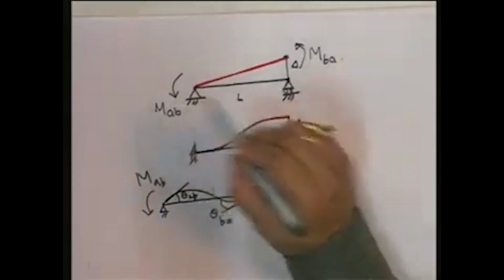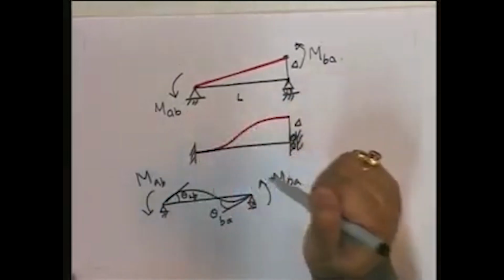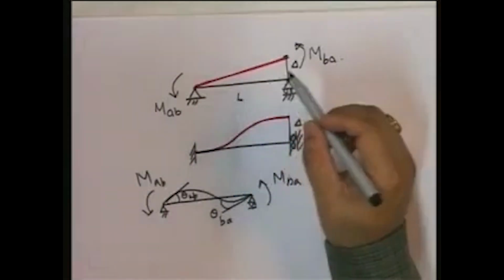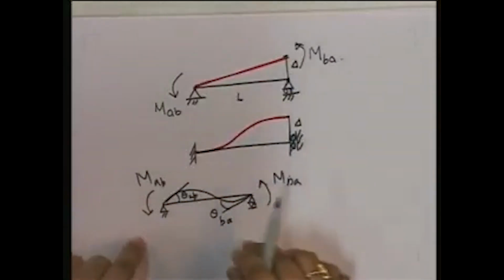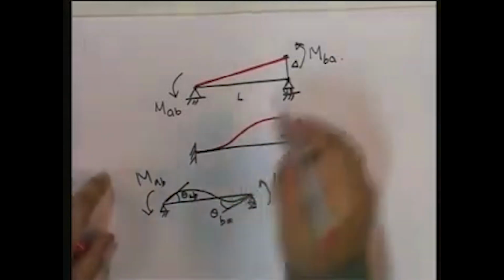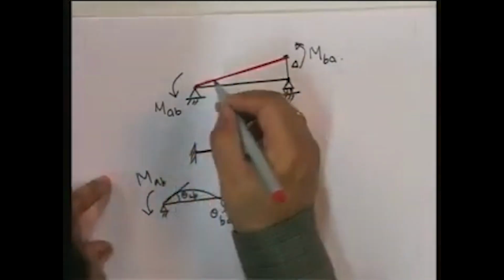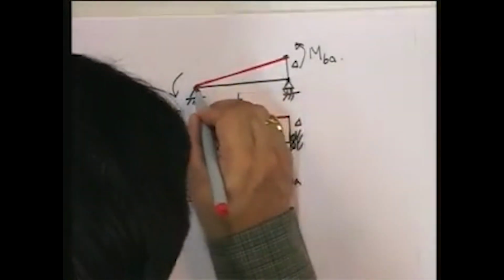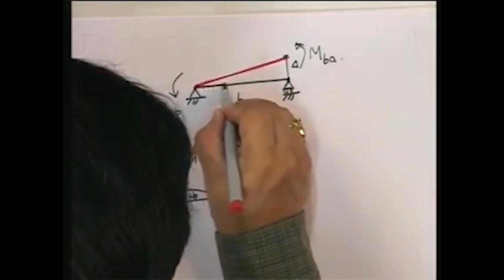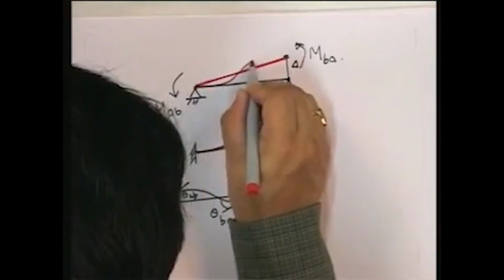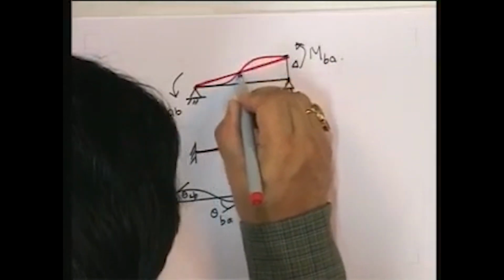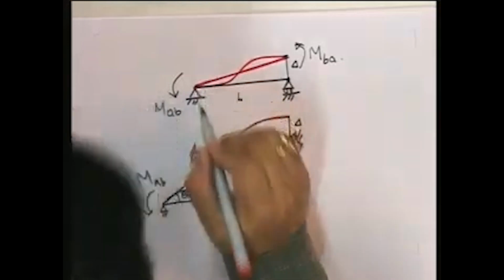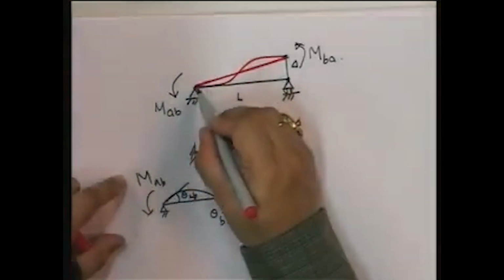So if I apply moments here, what would happen? Think about it. Could I apply a moment MAB and MBA? Under MAB this happens. So can I apply a moment MAB such that the displacement pattern about this?